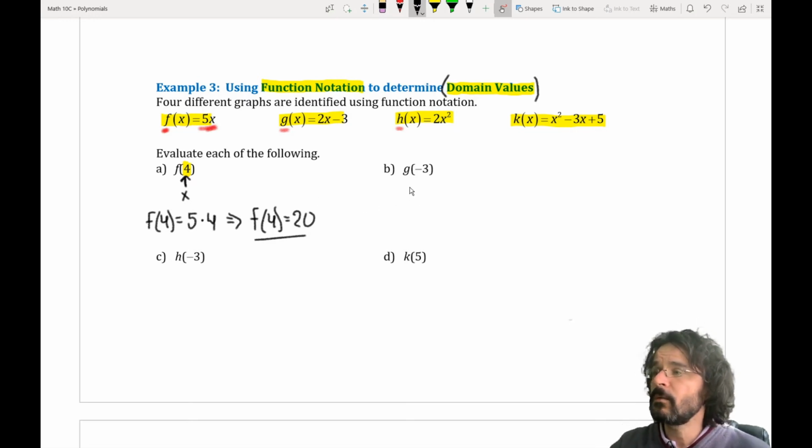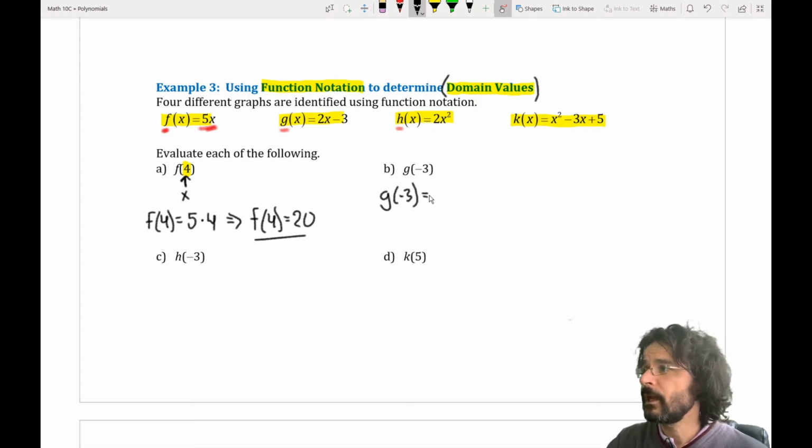In B, now we want to evaluate g of negative 3. So here's our g of x function. We're going to write g of negative 3. It means that the x value is negative 3. And then we copy this down, but substitute in negative 3 instead of x. So it's going to be 2 times negative 3. Don't forget to put the negative 3 in brackets.